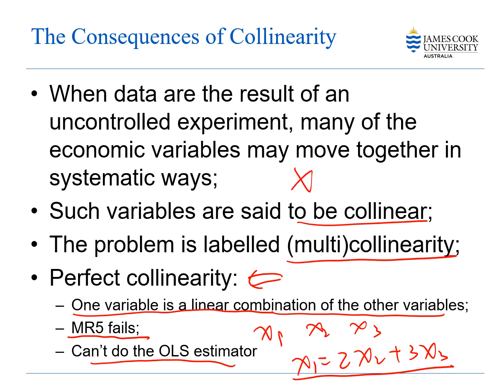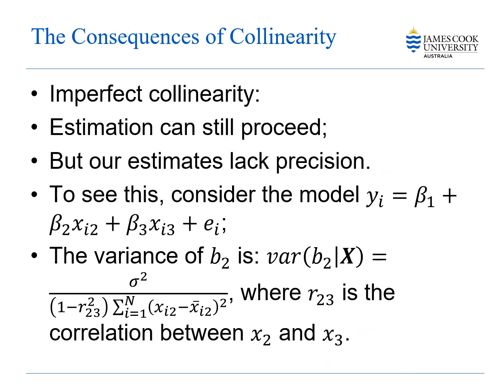Basically here, the estimate beta hat is equal to (X prime X) inverse X prime y. That means this matrix is no longer invertible. If instead the collinearity is imperfect, then we can still do the estimation, but our estimates will lack precision.